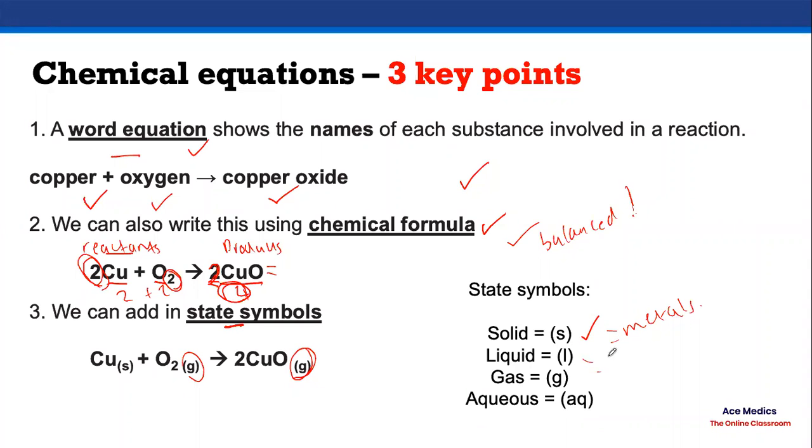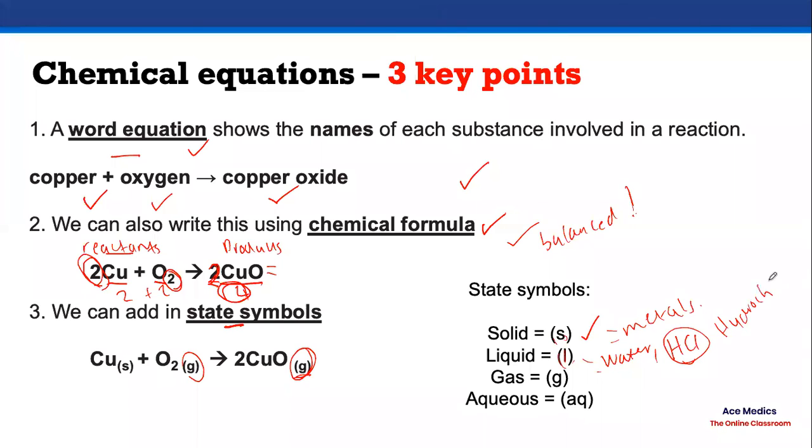Another one is liquid. A liquid we show in brackets with an L. Solid we show in small brackets with an S. For liquid, we could have water, or an example of an acid, HCl. Can any of you tell me what HCl is? What is HCl, in the chat? Okay, so HCl is an example of an acid and is hydrochloric acid.